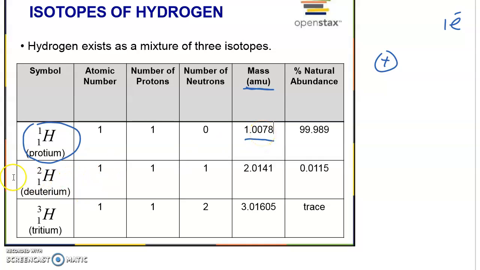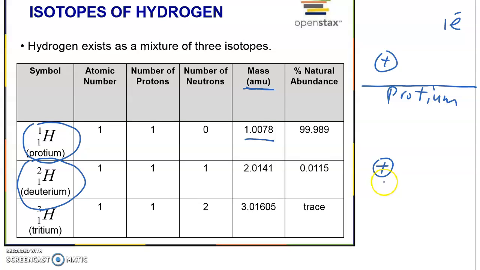Okay, let's look at the other form over here. The isotope form of hydrogen is called deuterium. Deuterium is with one neutron. So this one is protium. And if you look at deuterium, you can see one proton plus one neutron.